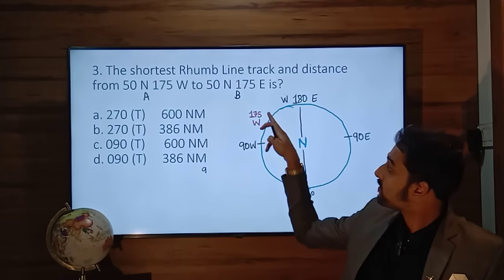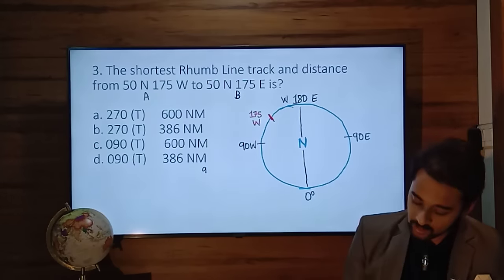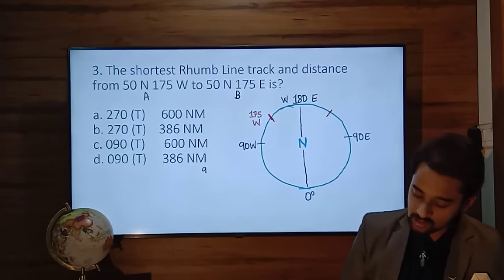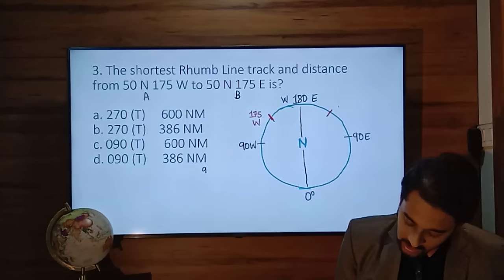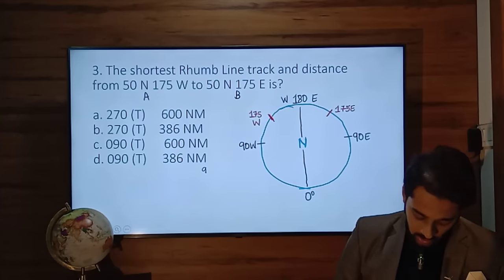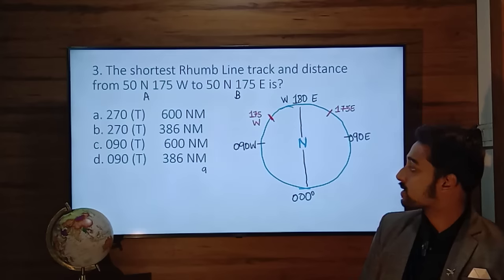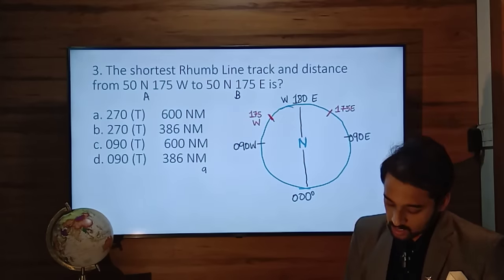Point B is 175 east in the eastern hemisphere, so just below 180 and more than 90, so 175 east. Also it is more correct to write 000 and 090, okay, because longitudes.